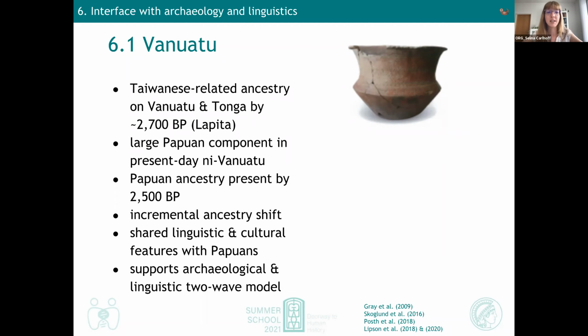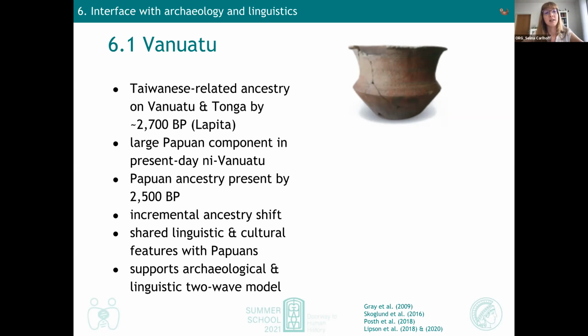However, in this study, they also produced genomic data for present-day Ni Vanuatu, which is what the people who live in Vanuatu call themselves. And in these data from today, there was also a very large Papuan genetic component found in these people, in their genetic ancestry.